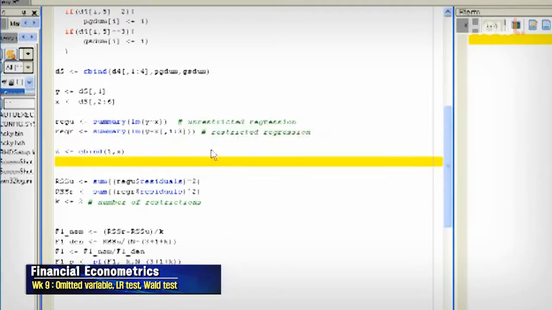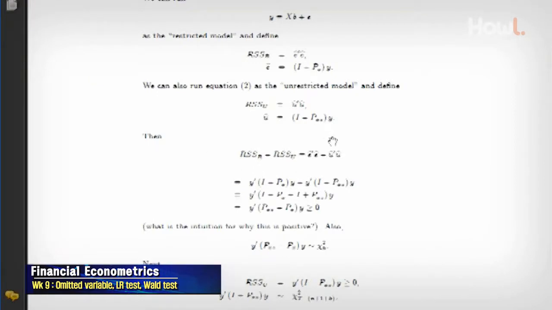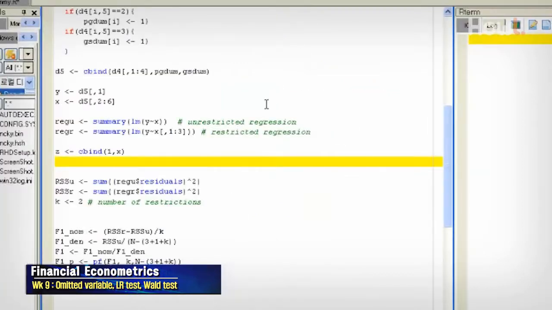Okay. So first, I need the projection matrix of the restricted regression.